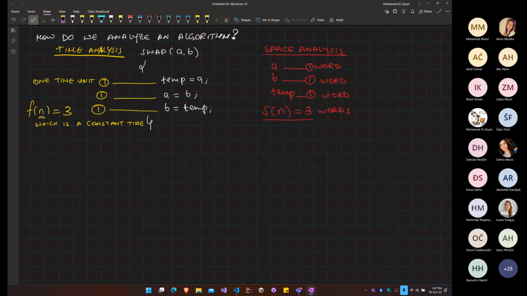So let's consider, and I've given this example in the class, x equals a times 5 plus b times 6.